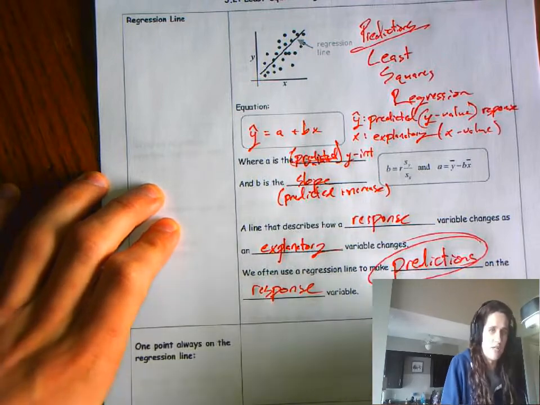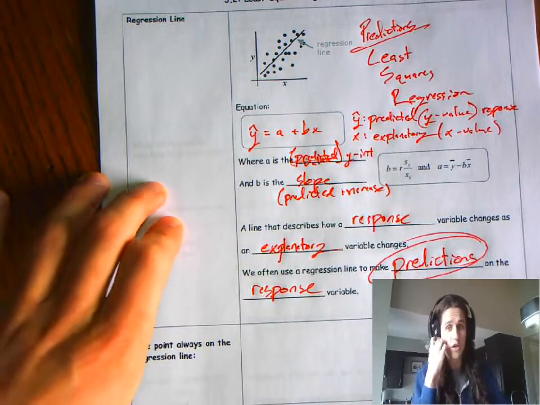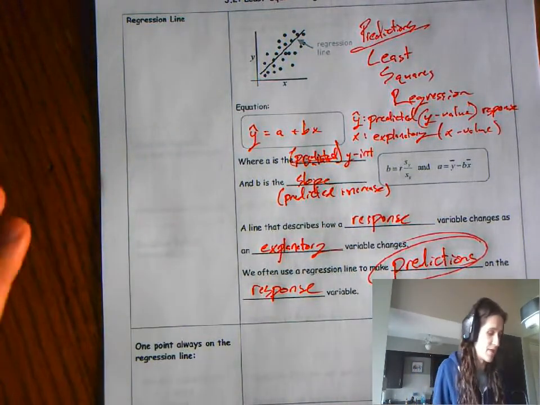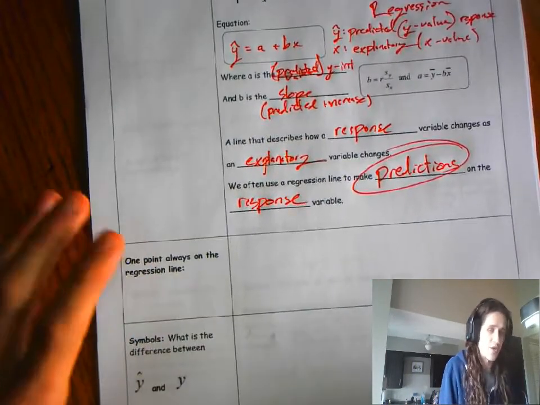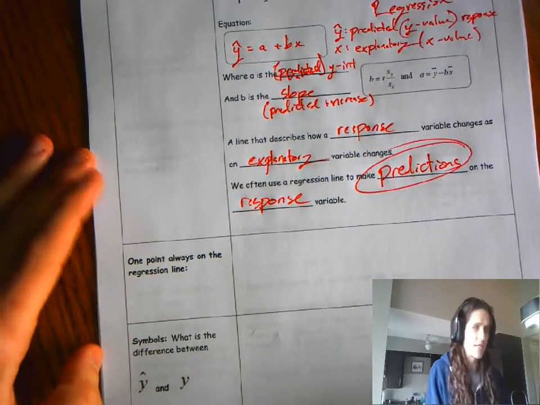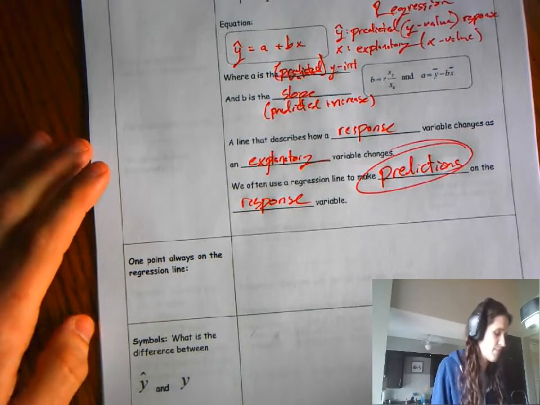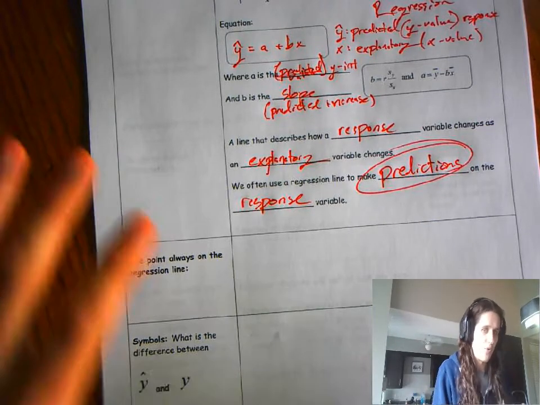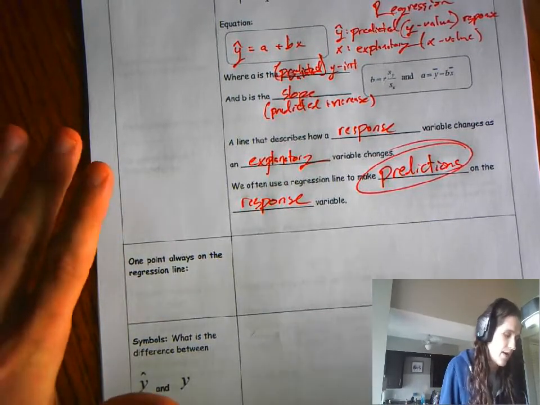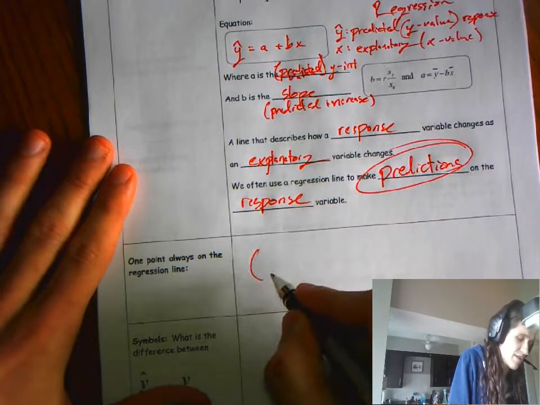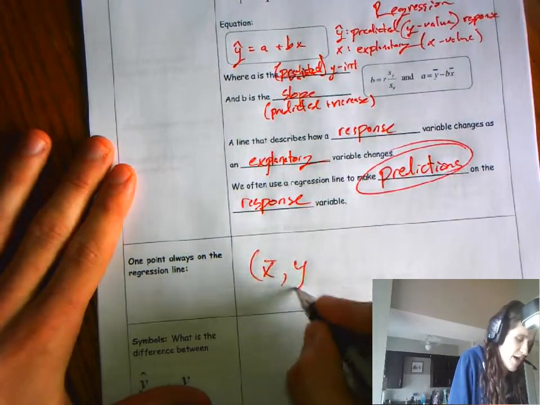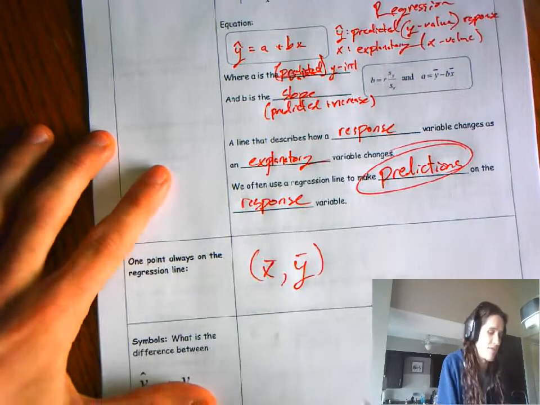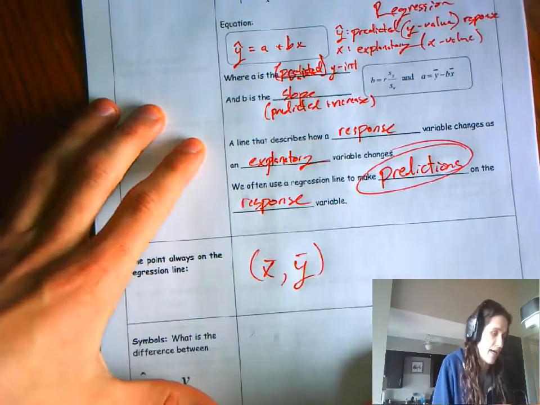You need to be throwing this word, predictions, in all over the place. One point that's always on the regression line, and this is a function of the calculus that we're going to wave our hands around, is x bar, y bar. The average just always happens to be on that line.